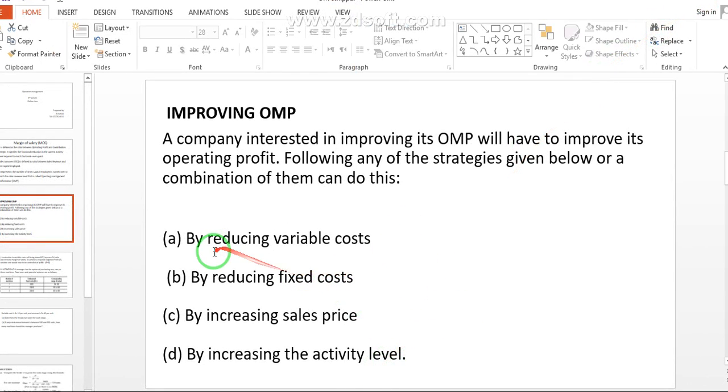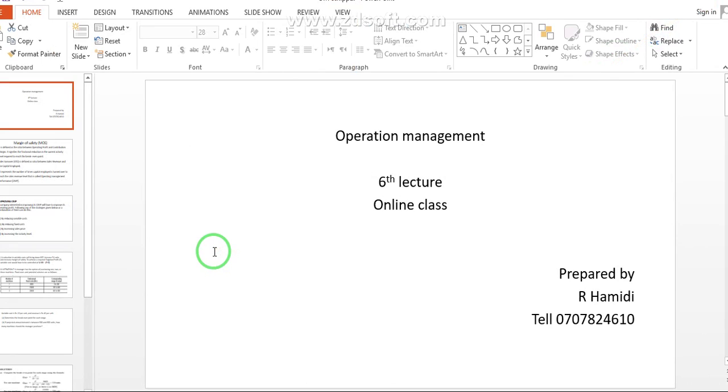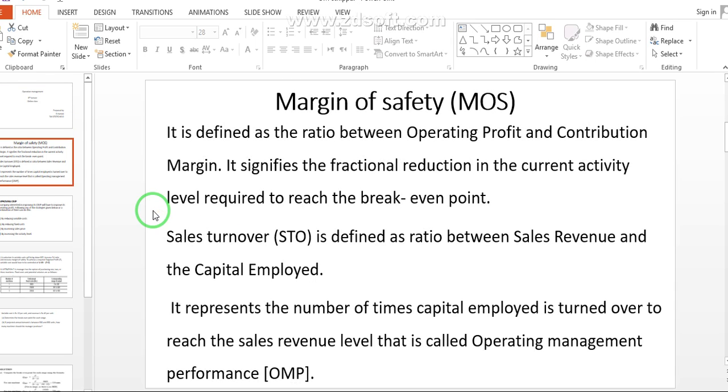Here, the margin of safety is also known as MOS. Basically, before defining the margin of safety, we have to know the word margin.